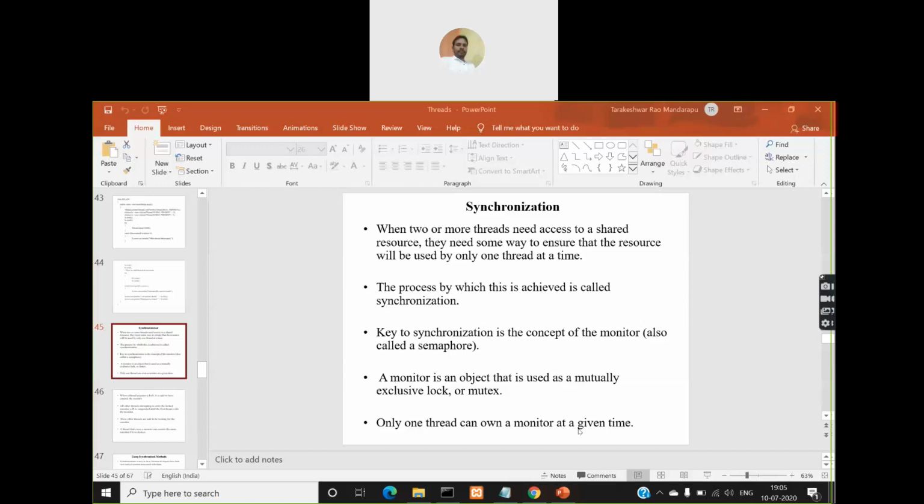So to avoid such inconsistencies, we need to synchronize. Synchronize means establishing some kind of communication and making the other thread aware that another thread is already utilizing this shared resource, so you cannot utilize the same shared resource at the same time. In our example, the shared resource is a database, right?